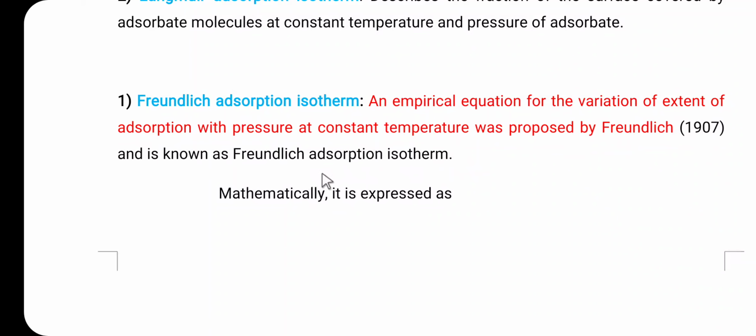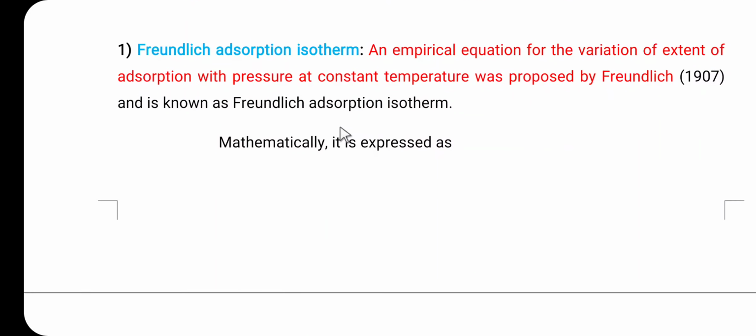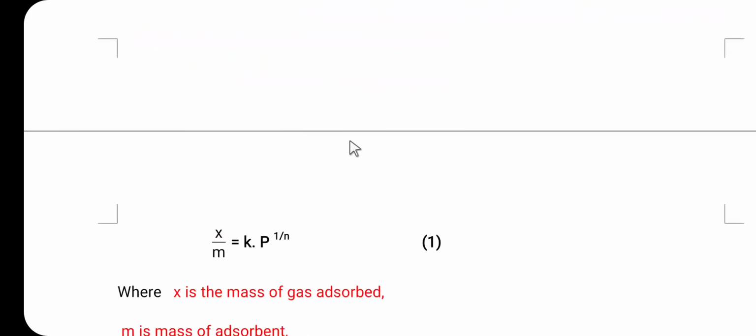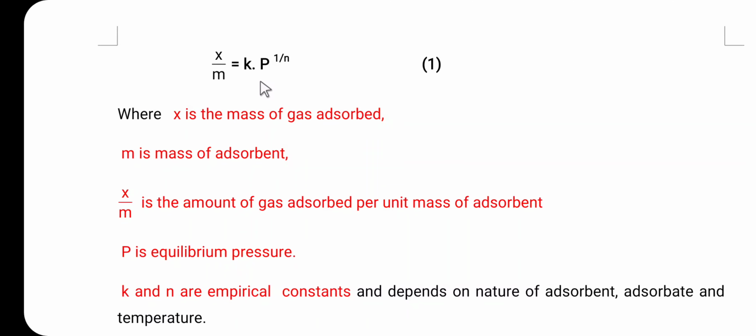Mathematically, it is expressed by the equation x/m = k p^(1/n). This is equation number 1, the mathematical equation for the Freundlich adsorption isotherm.